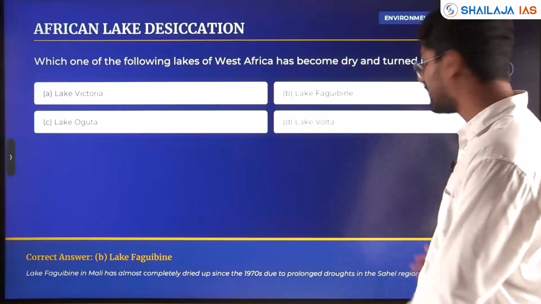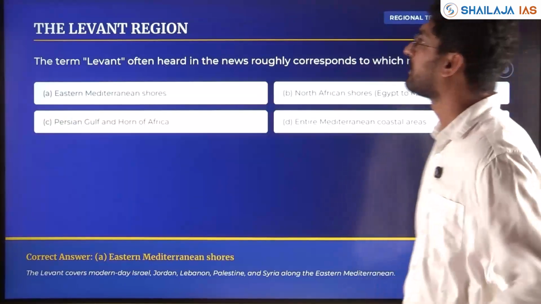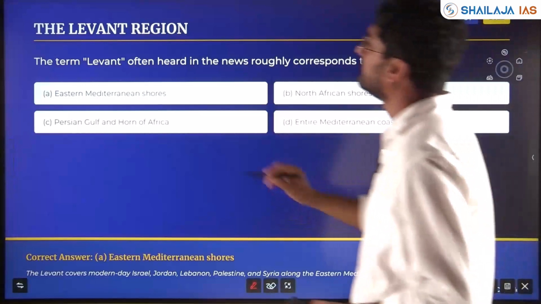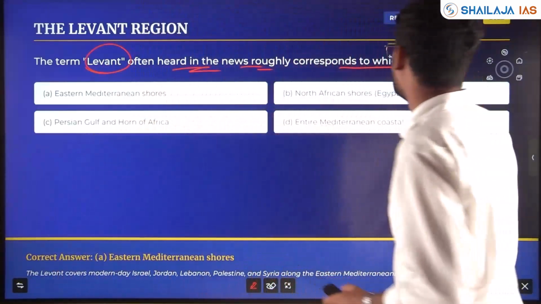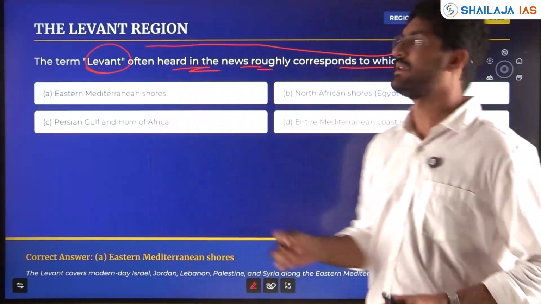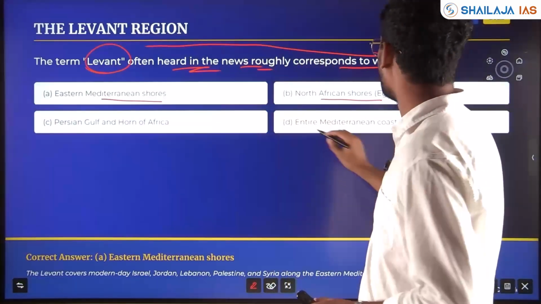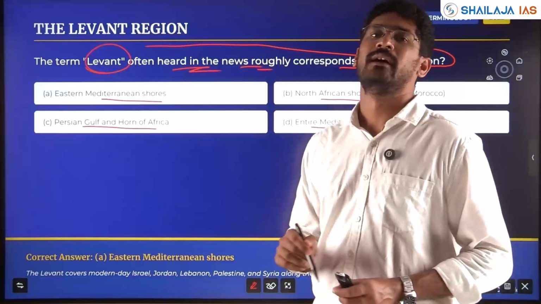Know which are the countries that come in Africa in the Sahel region. The Levant region, again regional terminologies. The term Levant, often heard in the news, roughly corresponds to which of the following? Again current affairs linked to Eastern Mediterranean shores, North African shores, entire Mediterranean coastal area, Persian Gulf and Horn of Africa.